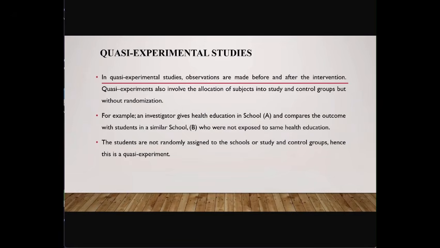Because if you use a different instrument, it's a different ball game altogether. You are doing a different measurement. You use exactly the same instrument you used at baseline and repeat it to see the difference. If a difference has taken place in the intervention group compared to the non-intervention or control group, then you attribute that change to that intervention.